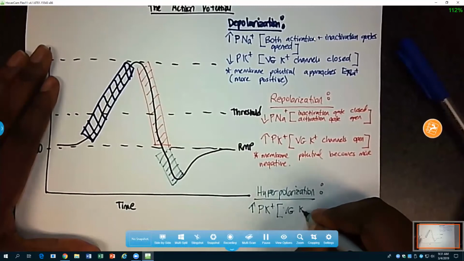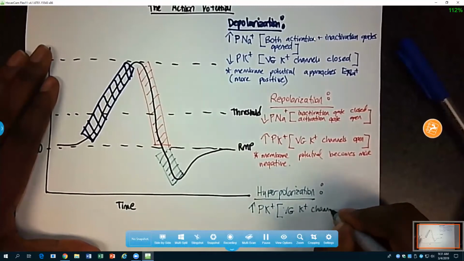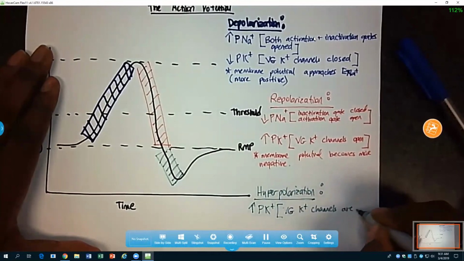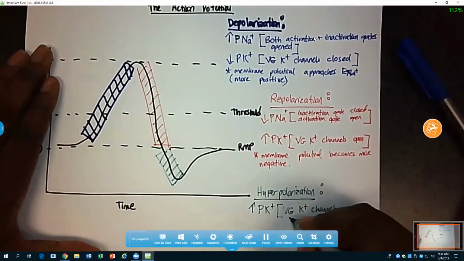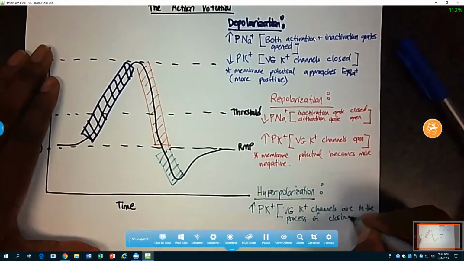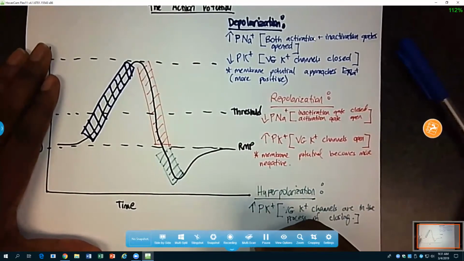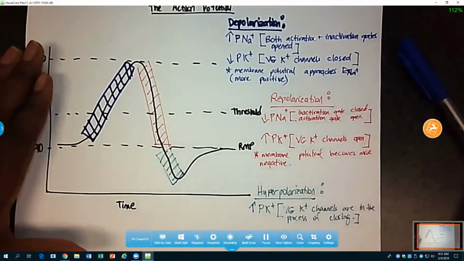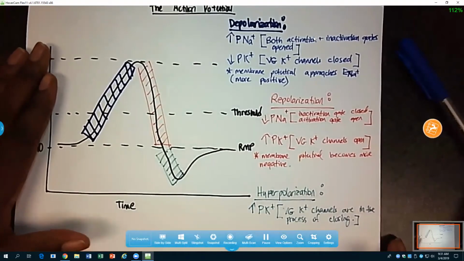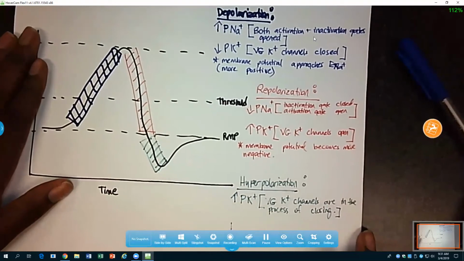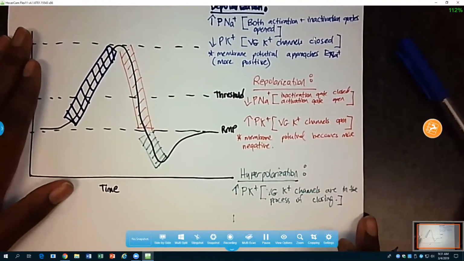Those voltage-gated potassium channels are in the process of closing. And what's happening with sodium? What's going on with sodium?